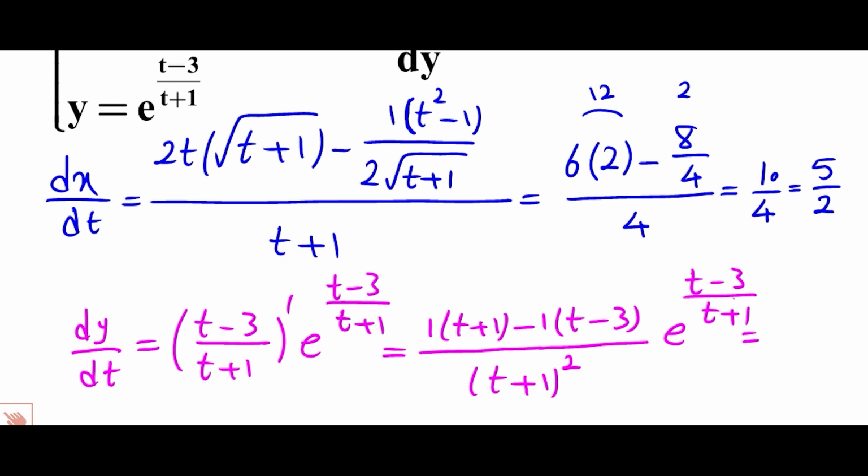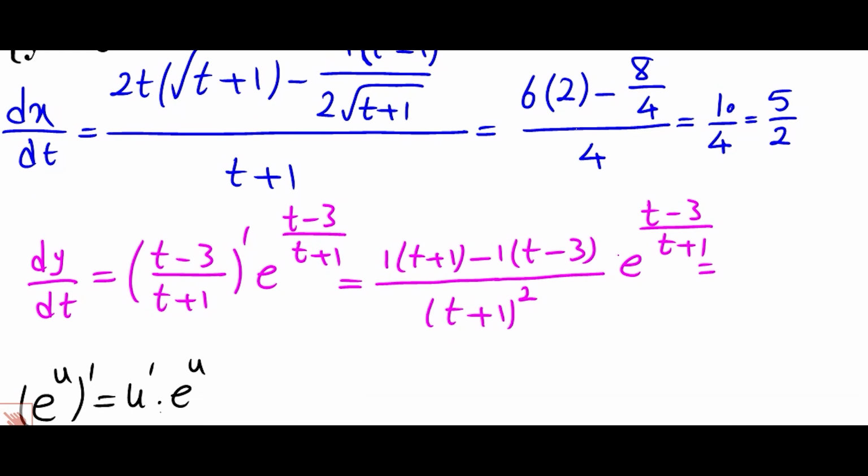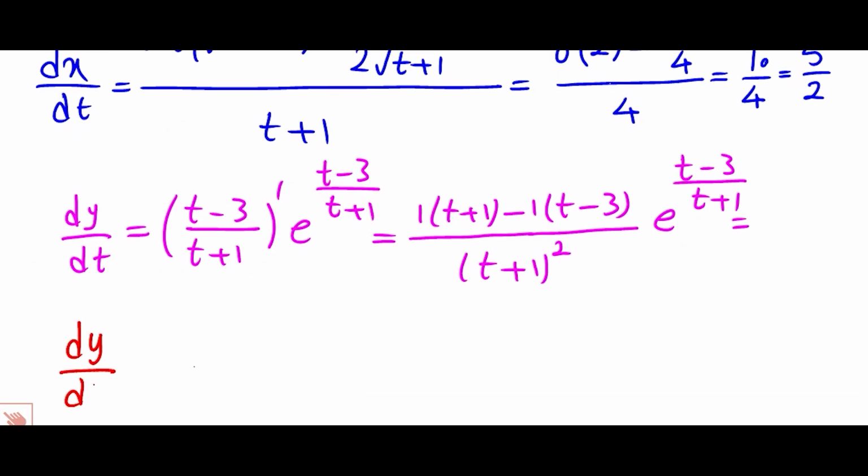So when t equals 3, we have dy/dt equals 3 plus 1, which is 4, minus 3 minus 3, which is 0, over (3 plus 1) squared, which is 16, times e to the 0, because t equals 3 and this fraction is 0. So we have 1 over 4, and as you know e to the 0 is 1.